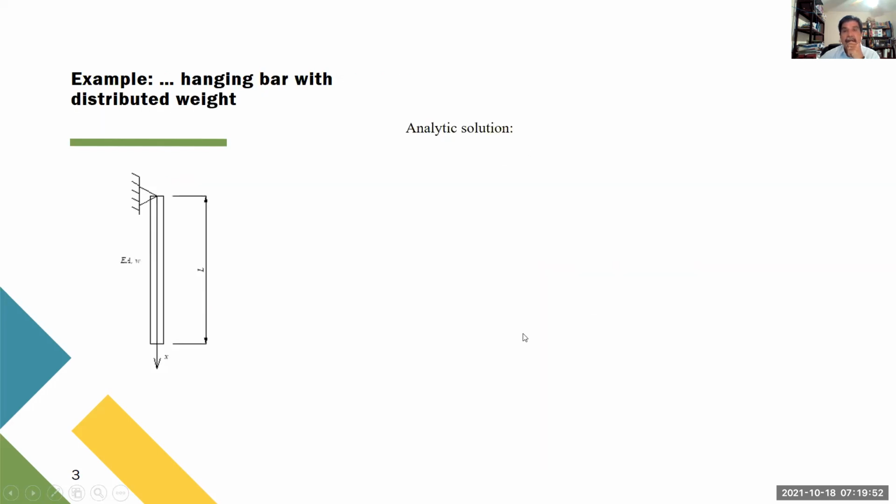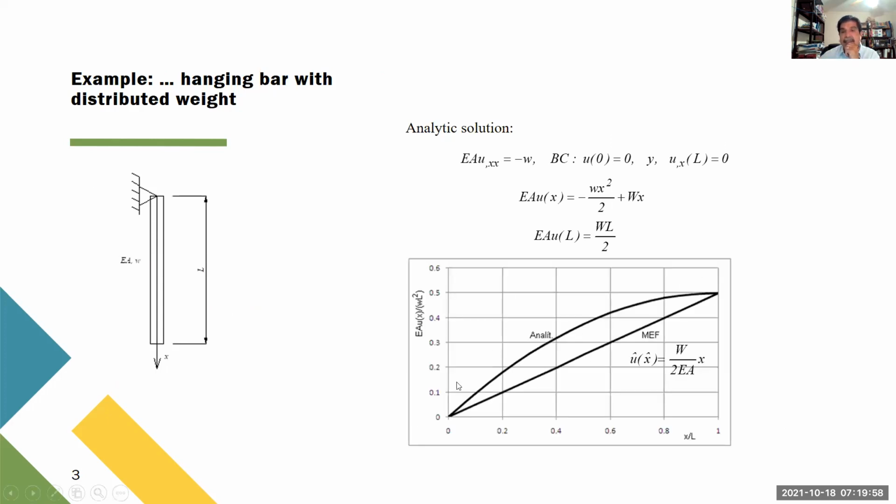So we see that we recover the solutions at the joints, but in the intermediate, in the domain of this element, there is some error. So this is the analytic solution, a quadratic. This is the finite elements approximation, linear. Of course, there's a good difference inside. So we have to be careful, because finite elements is an approximation.